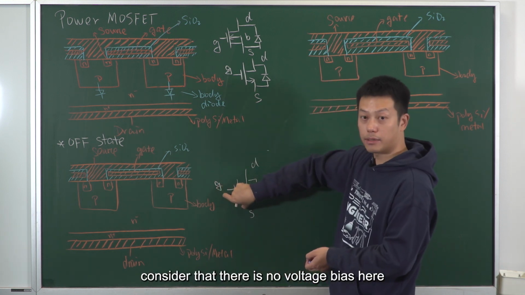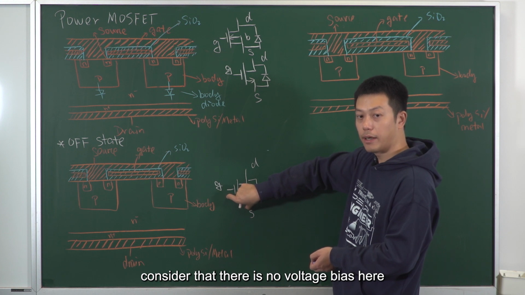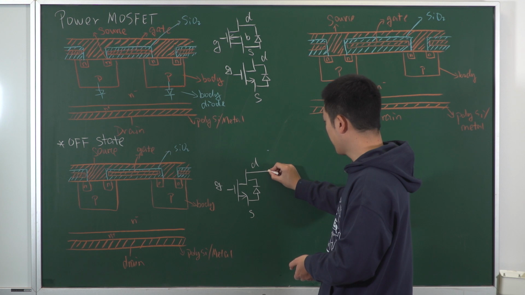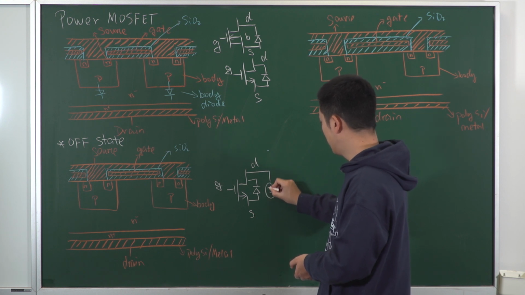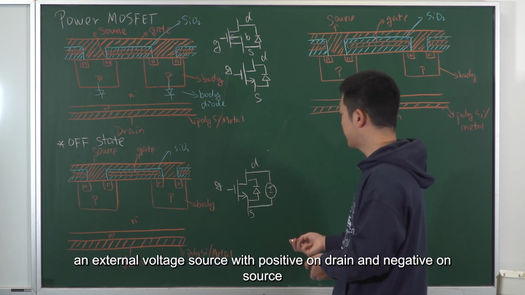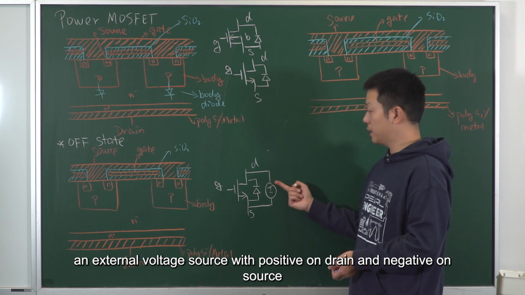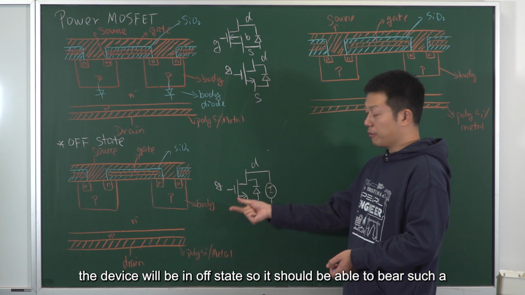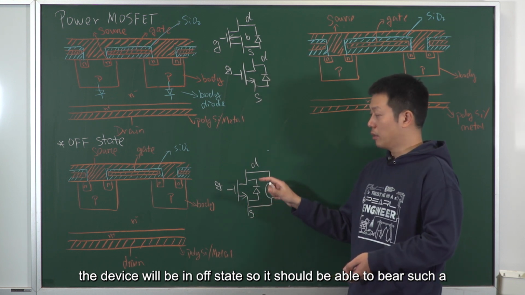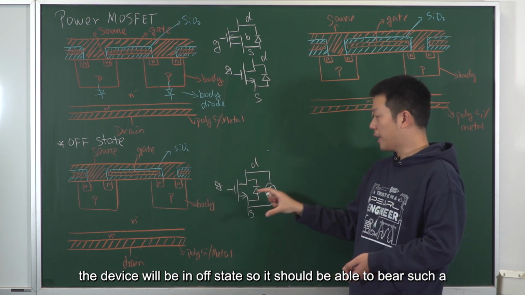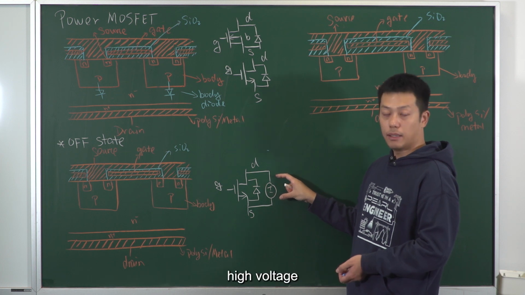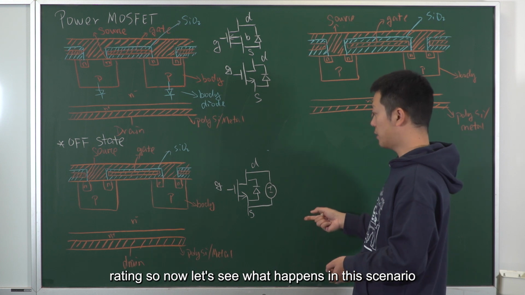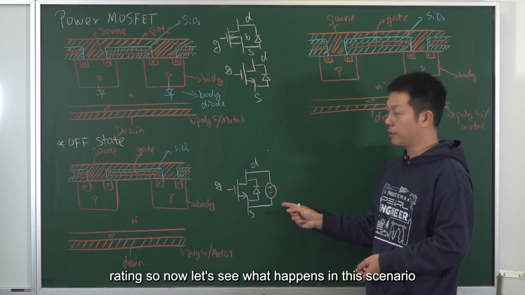Consider that there is no voltage bias here. So then if we apply an external voltage source with positive on drain and negative on source, the device will be in off-state. So it should be able to bear such a high voltage rating.